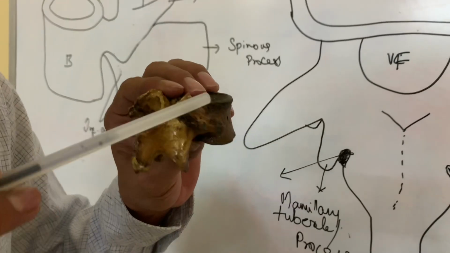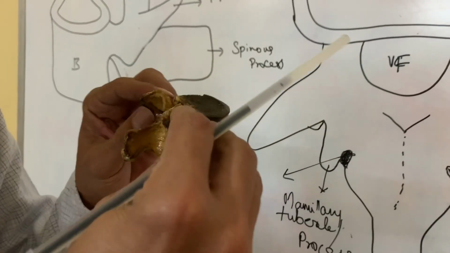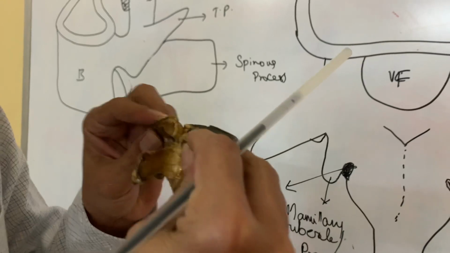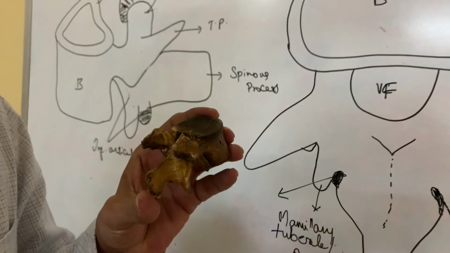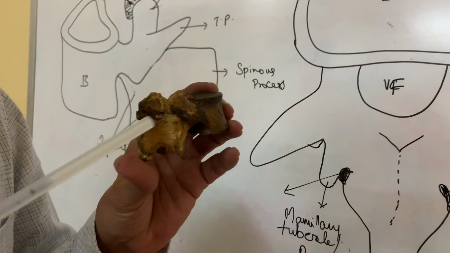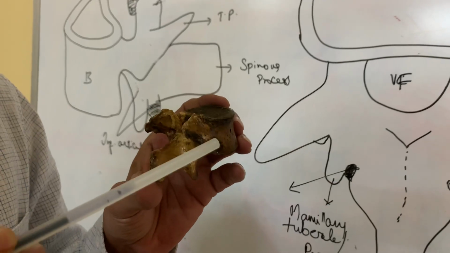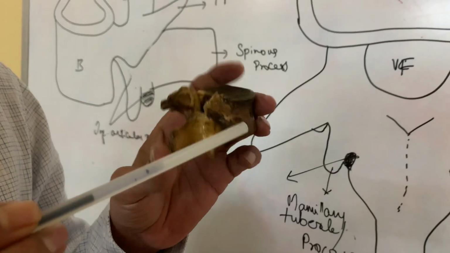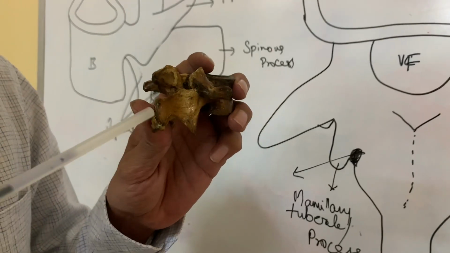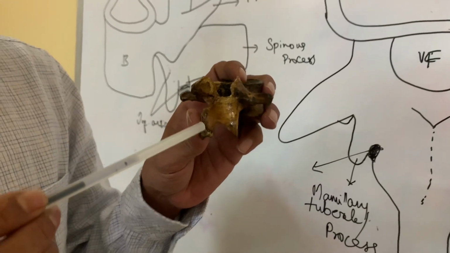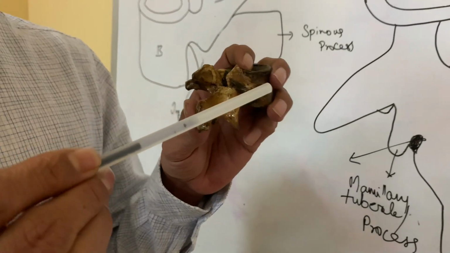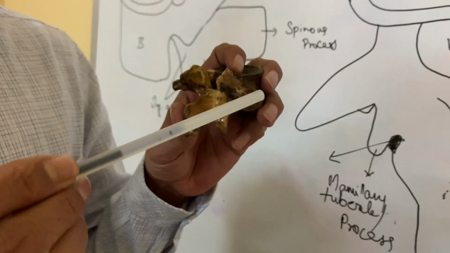Now coming to the transverse process, it is thin and tapering in the typical lumbar vertebra, and to the tip of the transverse process, the middle layer of thoracolumbar fascia is attached. The posterior lamella of thoracolumbar fascia is here, and the middle lamella is here.